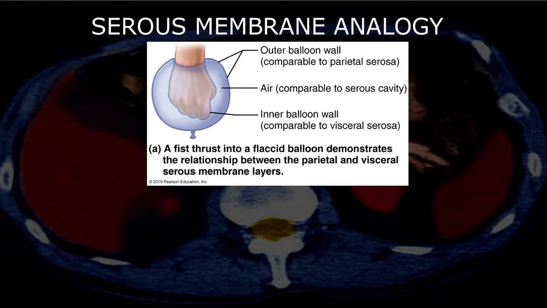Then the balloon will cover your hand very, very closely. That's the visceral serosa. Then there'll still be air left in the balloon. That's in the serous cavity where the fluid is. And then there will be a parietal serosa, the outside of the balloon is still left there on the outside. And it's just showing you there's two membranes and a little bit of space between them. Okay?